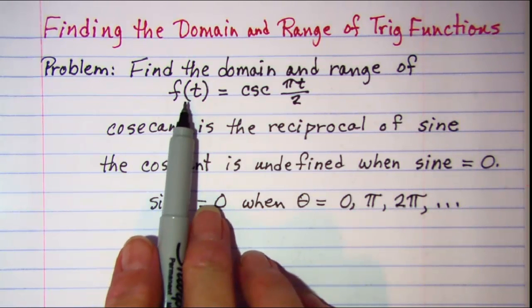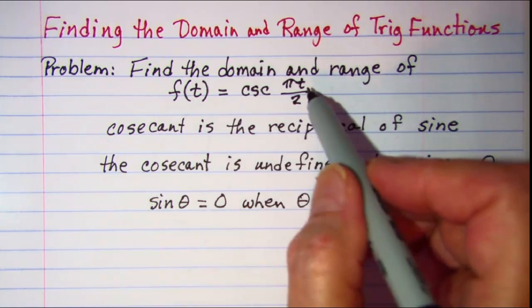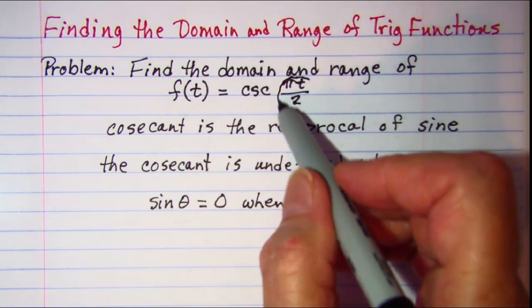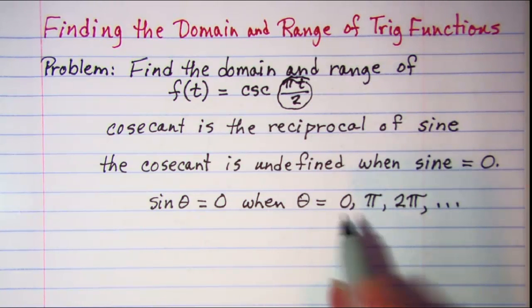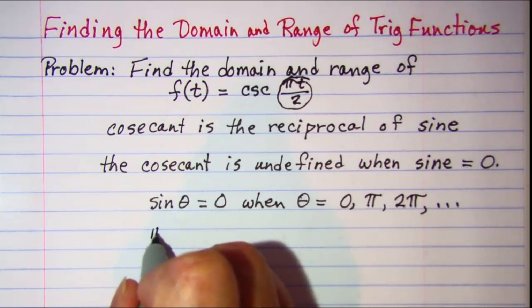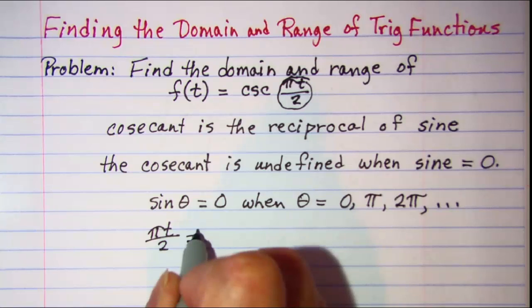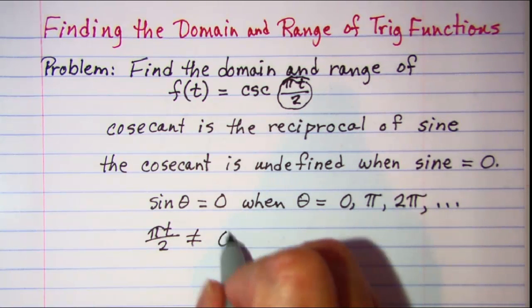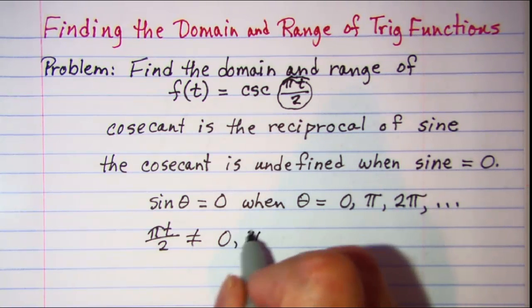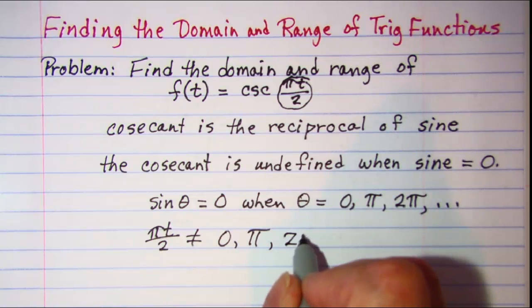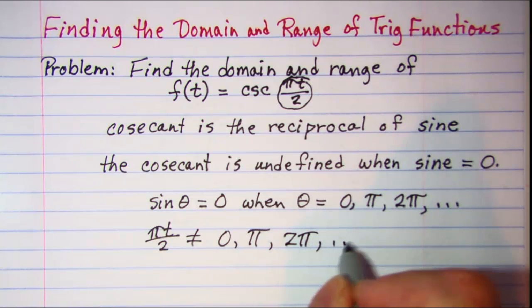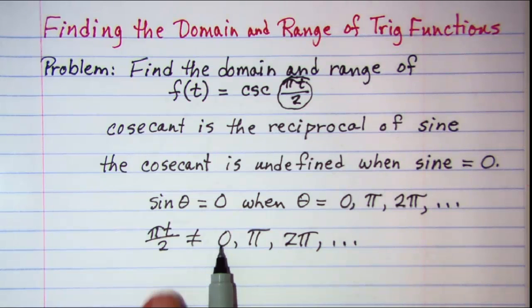So for our function, we need to use just our argument here, πt/2. So πt/2 cannot equal 0, π, 2π, and so on, because if it is, then the sine will be 0 and the cosecant will be undefined.